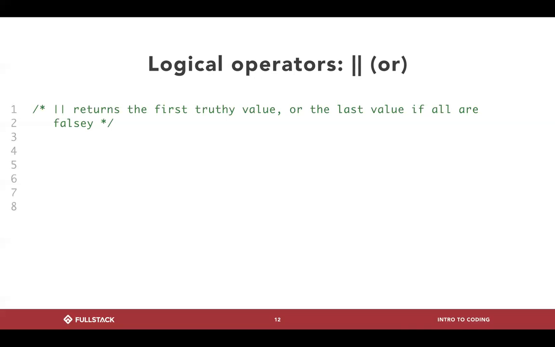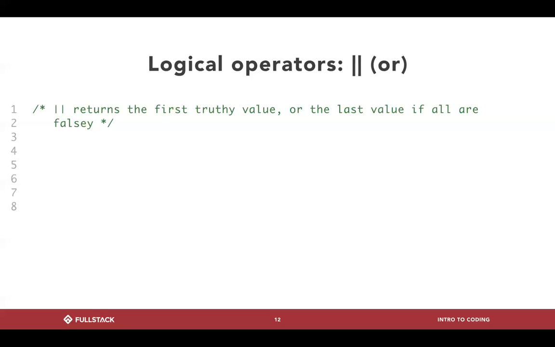So if I said, if 9 is greater than 10 or 8 is greater than 4, that conditional statement would pass. It would say, 9 is not greater than 10, but 8 is greater than 4. One of these evaluates to true, so let's go ahead and pass it forward.